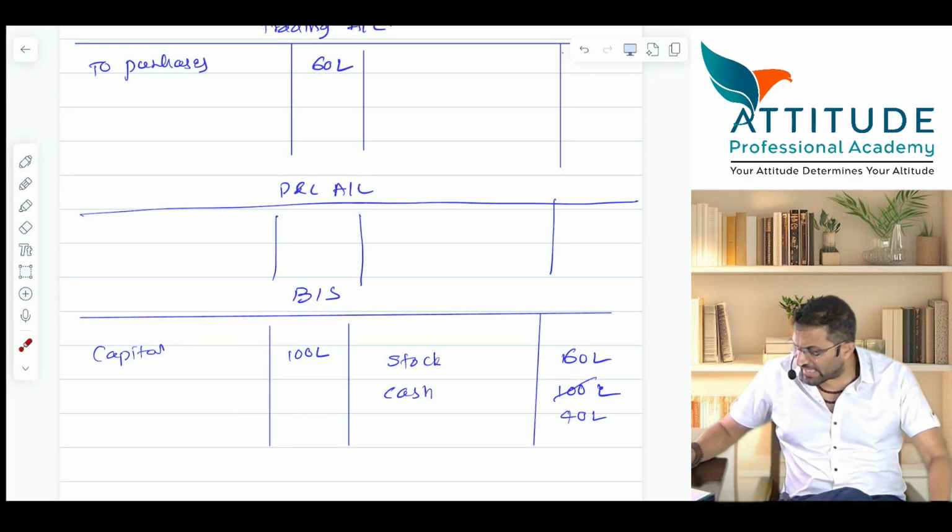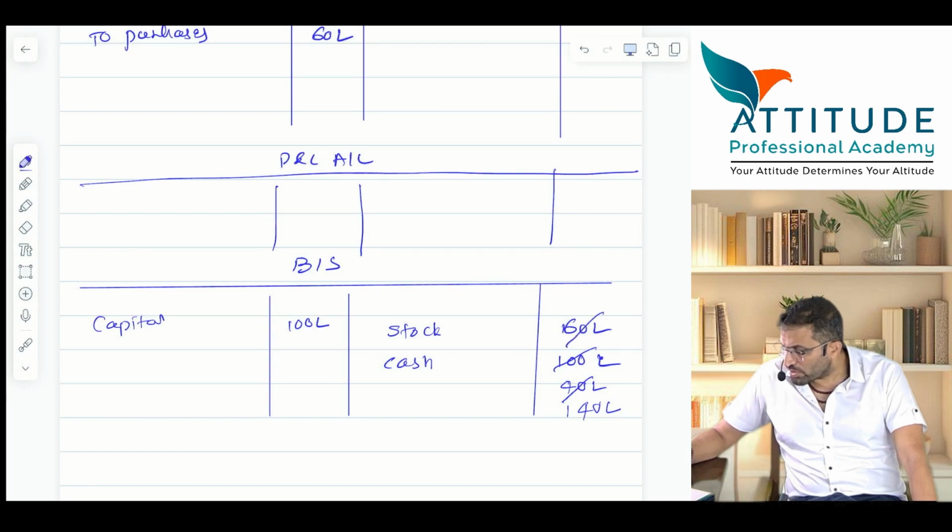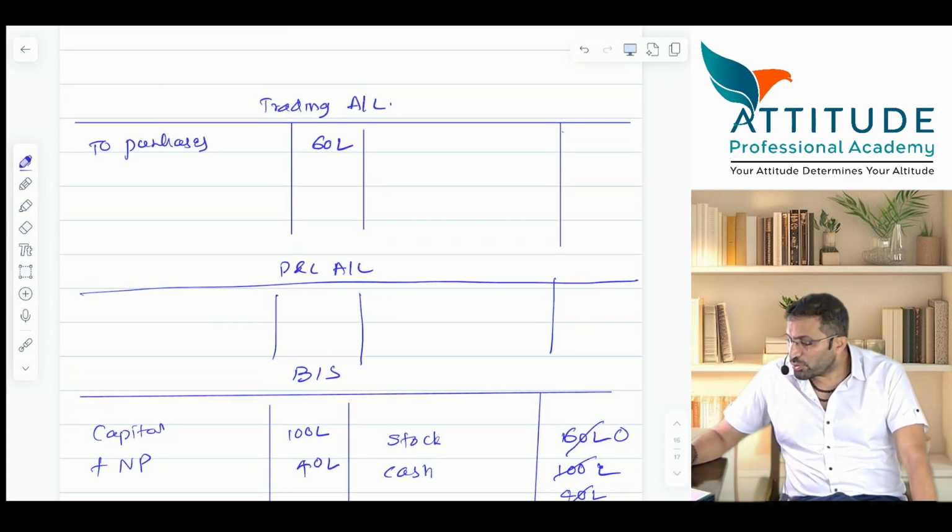So first balance sheet का effect बताओ. Cash becomes 140. Stock goes to 0. 40 is the profit. Profit is enjoyed by owner. So add net profit, 40 lakhs.